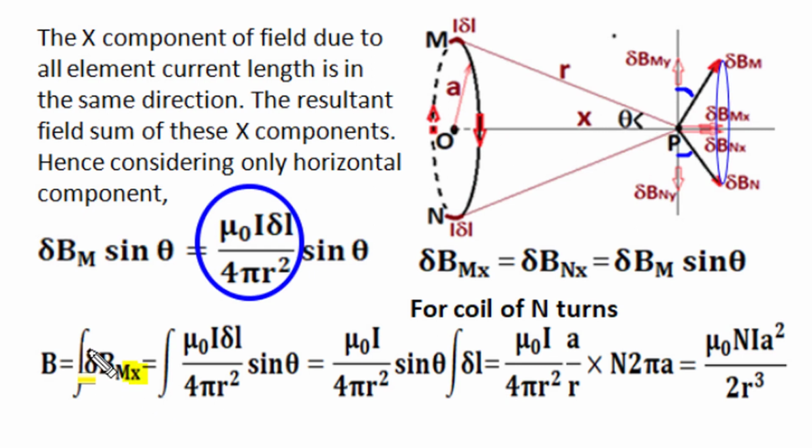The x-axis component is the sin theta component of the elemental magnetic flux density contribution, and integration of all those x components will give us the resultant magnetic field on the axis of this coil at x distance from the center. Now due to symmetry, along with mu 0 I, this sin theta and distance r are all constant.